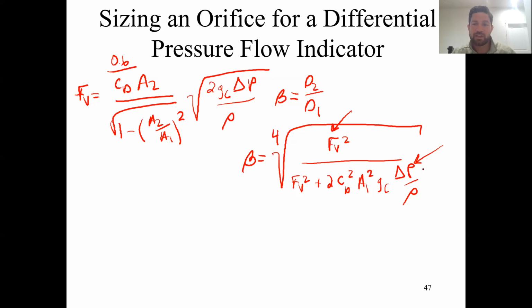We might change delta P. Making delta P smaller is going to make beta bigger, or making delta P bigger is going to make beta smaller. Right? So we can inspect the equation and see how to make some changes. This might make sense in just a minute.